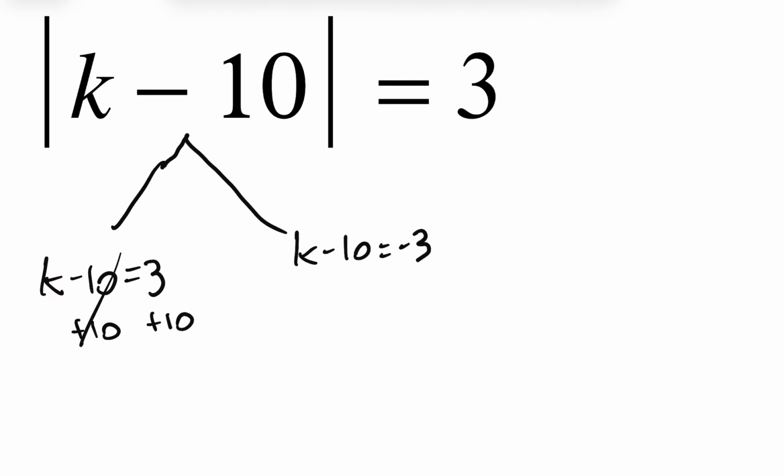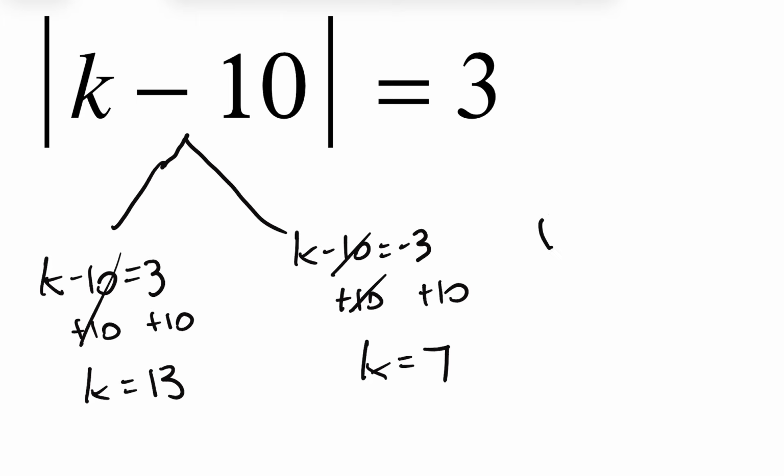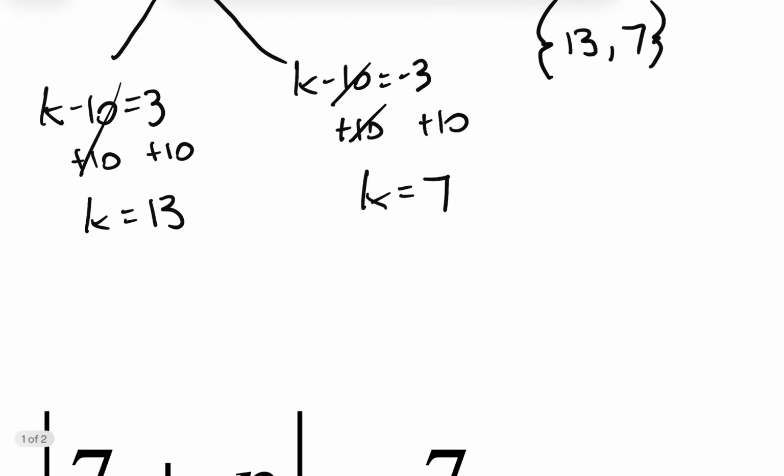Here, adding 10 to both sides, we get k equals 13. Here, adding 10 to both sides, we get k equals 7. So what we realized is whether k equals 13 or whether k equals 7, both of them will have an absolute value of 3.